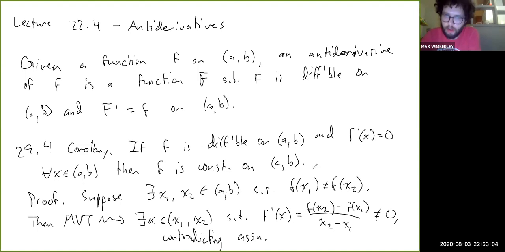That's going to be a recurring pattern in how you use the mean value theorem: when you know something is true about the derivative on the entire interval, then you can apply the mean value theorem and conclude something about pairs of values of f, basically. Yeah, so anyway, that's that corollary.